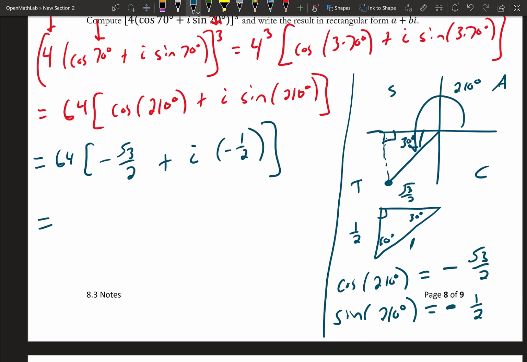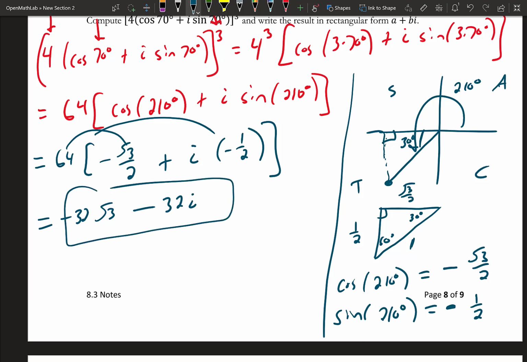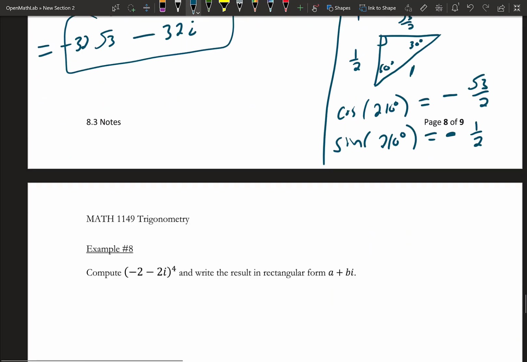So if I distribute the 64 through, this first part becomes negative 32 radical 3, and then minus 32i. Right? So again, just taking that 64 and multiplying it through. 64 divided by 2 is 32, right? That's where that comes from. So that is my answer in rectangular form.